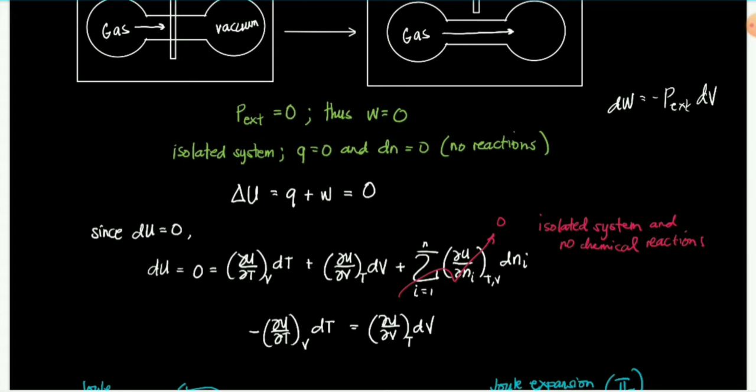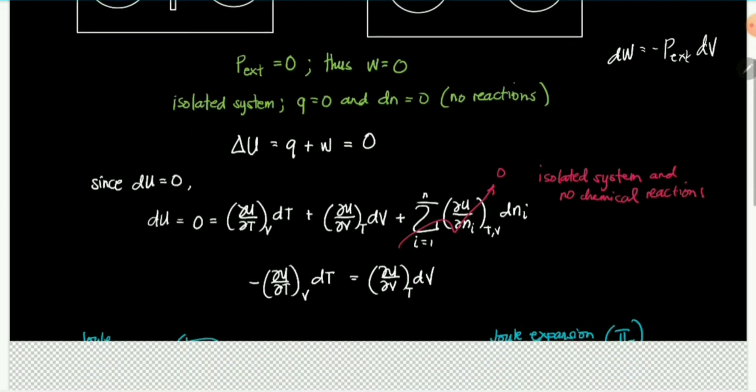Okay, so we can write dU, okay, as a total derivative that is temperature and volume dependent. So dU, which is equal to 0, is equal to the partial derivative of U with respect to the temperature at constant volume dT plus partial derivative of U with respect to the volume at constant temperature dV. Plus, okay, the derivative of U with respect to the change in the number of moles of your system. Since wala namang change in the number of moles, this is 0.